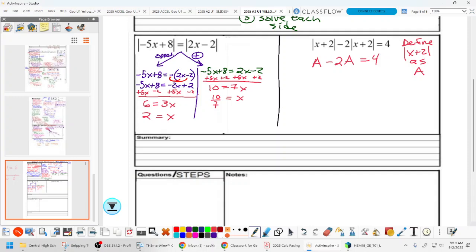So what is a minus 2a? Just negative 1a. Okay, let's get rid of the negative sign. Algebraically, just drop it. Now we can plug this back in and we only have one absolute value. So we go back to a being absolute value of x plus 2 and solve from there.